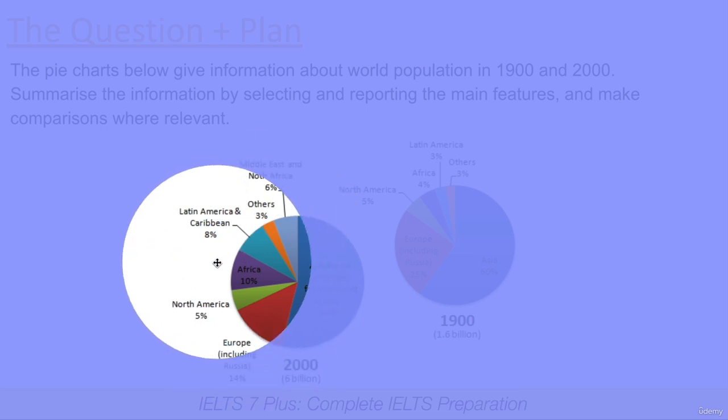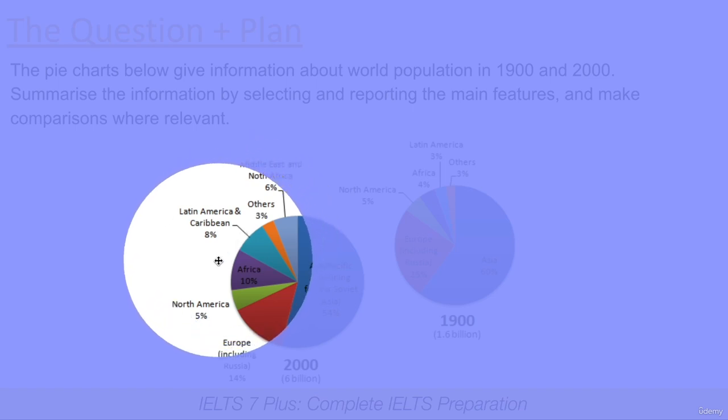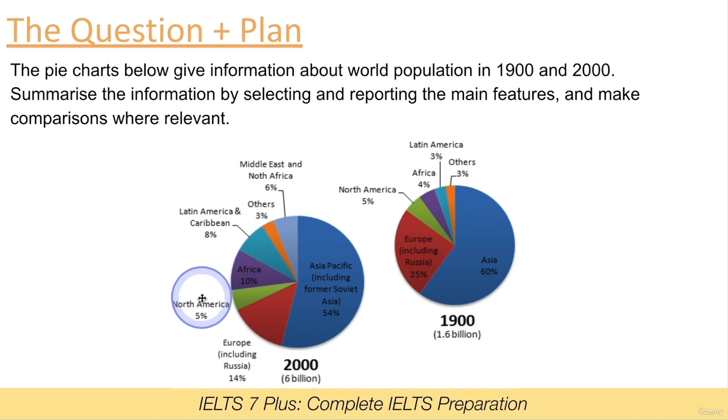Now we are looking at the other categories, which comprise a larger proportion of this whole pie chart this time. North America has stayed the same, 5%. Others has stayed the same, 3%. But Latin America and the Caribbean increased.